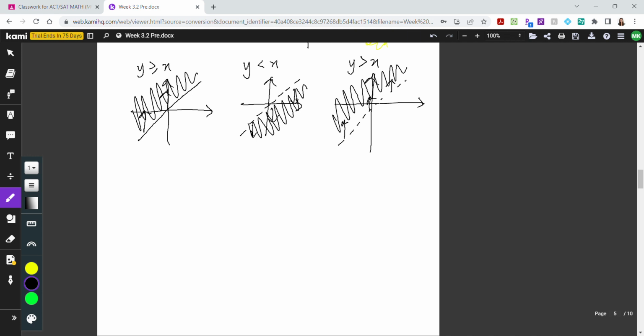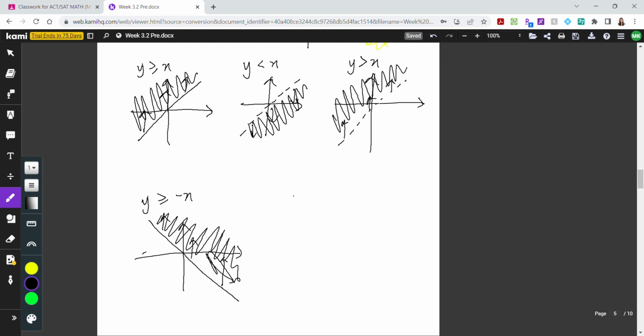There we go. Now, when y is greater than or equal to negative x, that means our line is going to have a negative slope because it's pointing upwards. So we want anything that goes here. That means your shaded region will be around here.